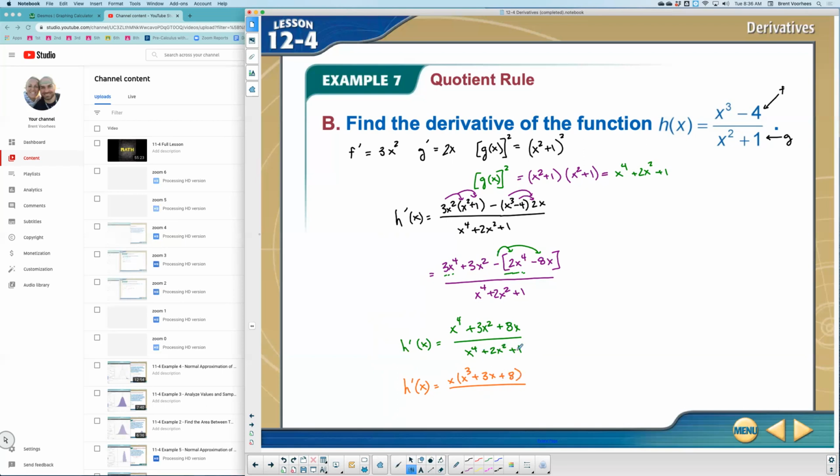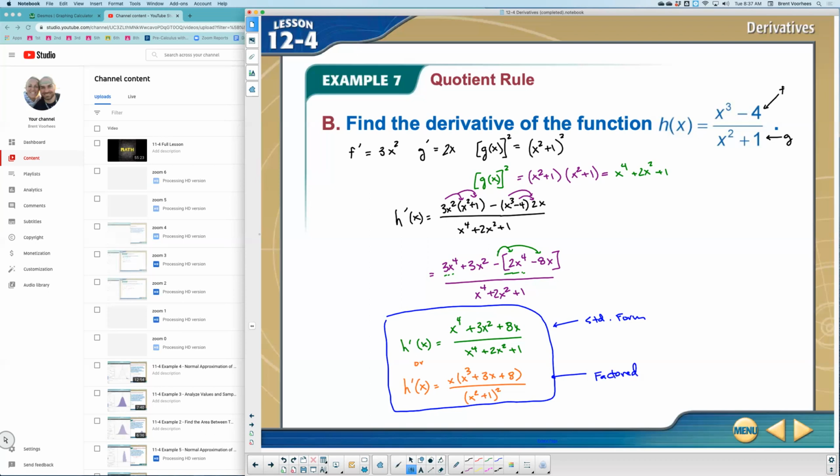All of this would be divided by the denominator, which we know comes from this factor of x squared plus 1 quantity squared. And so that would be the factored form. You could write your answer either way. Again, this is the standard form, and here we'll call that factored form.